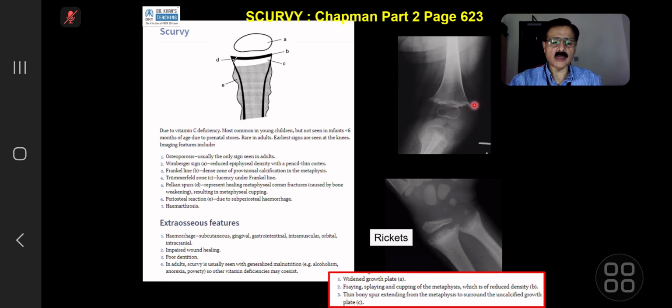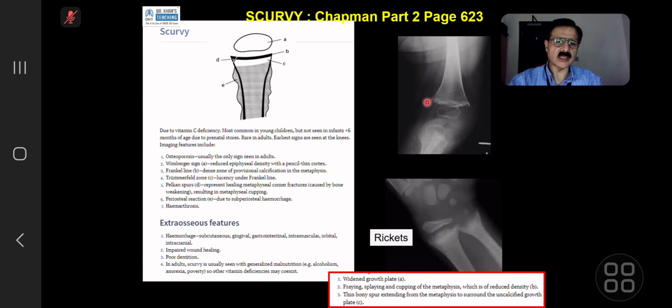This is what I was differentiating in scurvy, where this is because of splaying around the non-calcified cartilage.